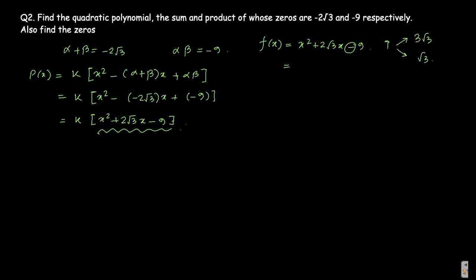So x square plus 3 root 3x minus root 3x minus 9.